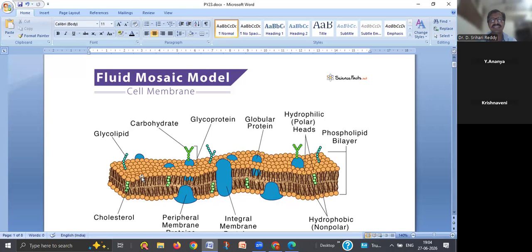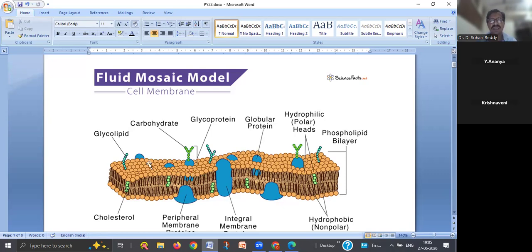And in this lipid bilayer, the lipid molecules show fluidity. Why is it called the fluid mosaic model? Because like the molecules in a fluid, they replace one another and move. Like that, lipid molecules also have mobility.